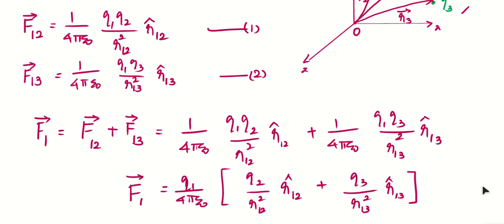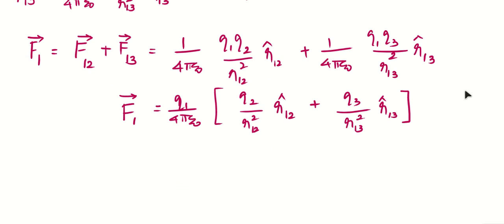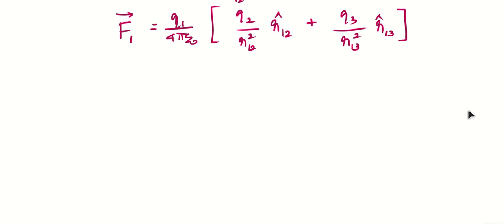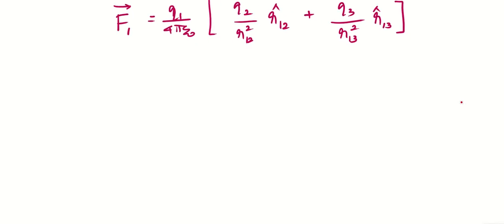Suppose இங்கே 3 சார்ஜ் தான் இருக்குது, இதை விட நிறைய சார்ஜஸ் இருந்தால் we can write the force acting on charge 1 due to other n number of charges. இதை எழுதுறதுக்கு முன்னாடி first இப்படி எழுதிக்குவோம்.